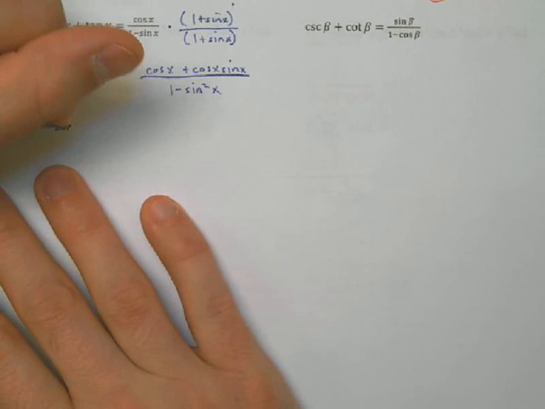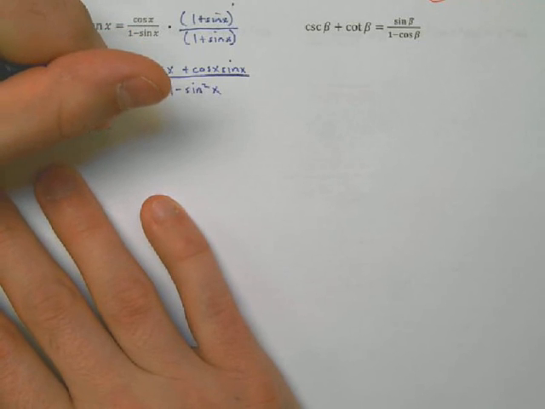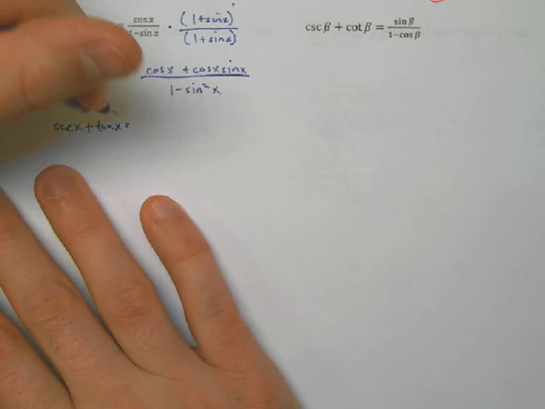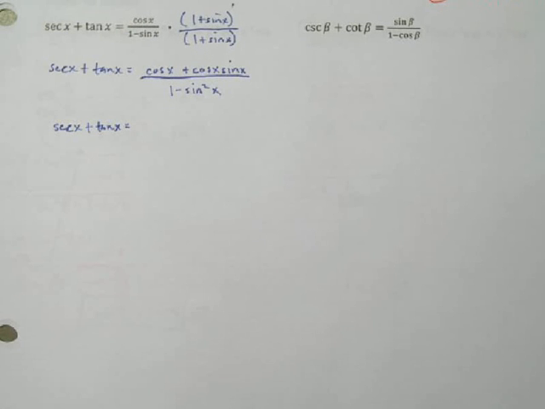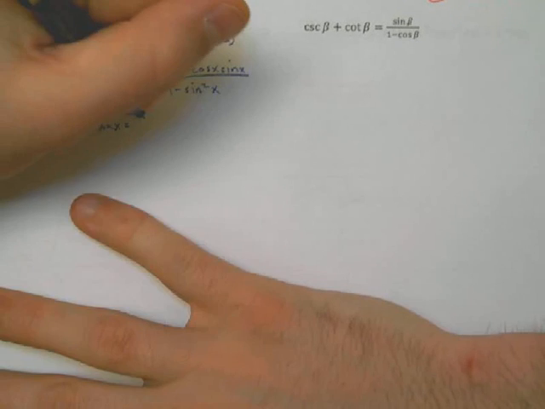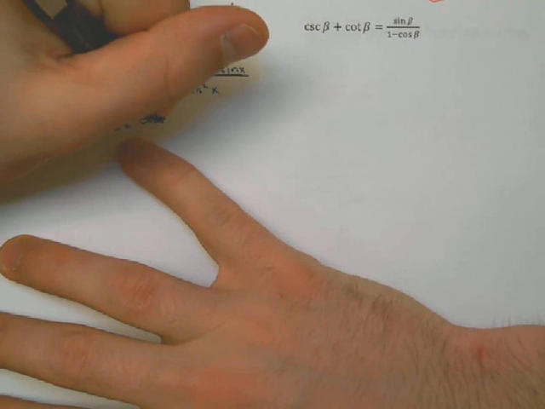So I have on the left secant x plus tangent x. The right hand side, I have cosine x over cosine squared of x plus cosine x sine of x over cosine squared of x. Now look, I have first power over the second power, so one power goes away.